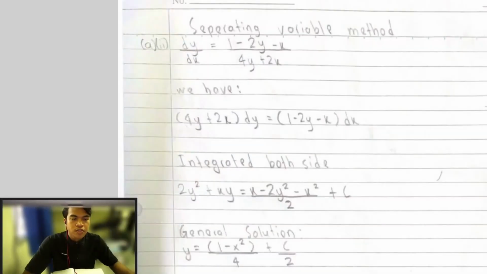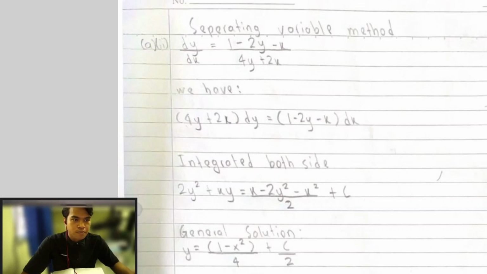Okay, for question A2, we use the separating variable method to solve this differential equation. This method involves separating the variables x and y on both sides of the equation and then integrating each side to find the general solution. First we need to split the variables x and y on both sides of the equation.